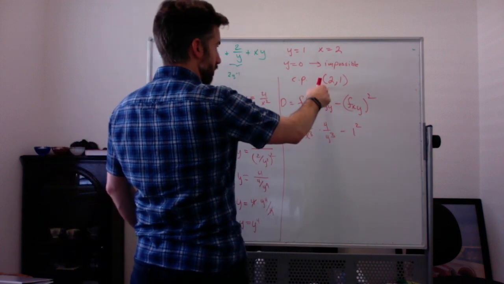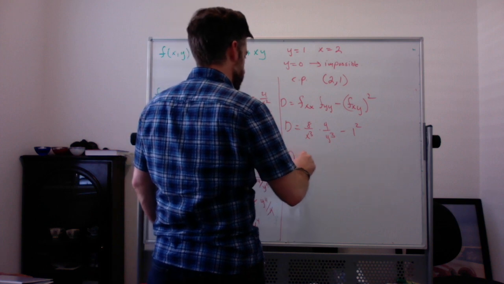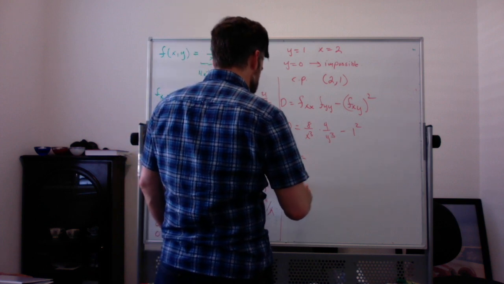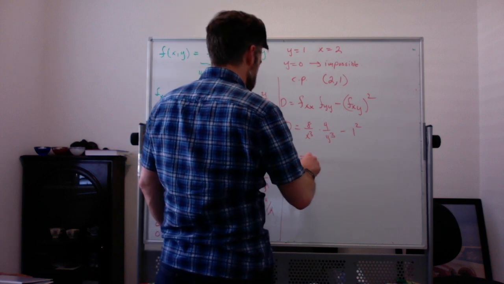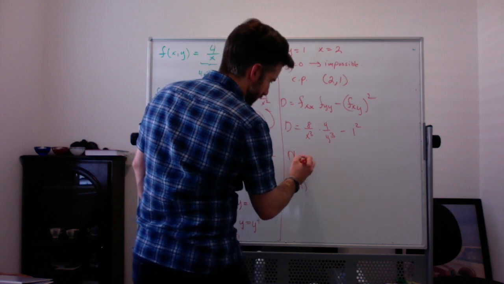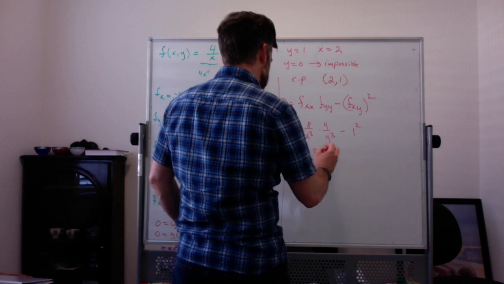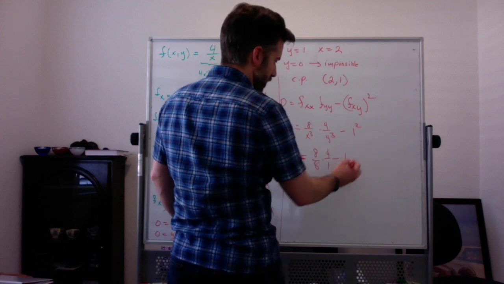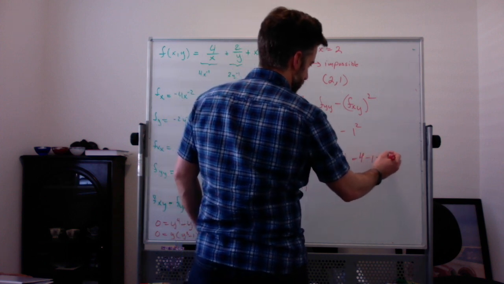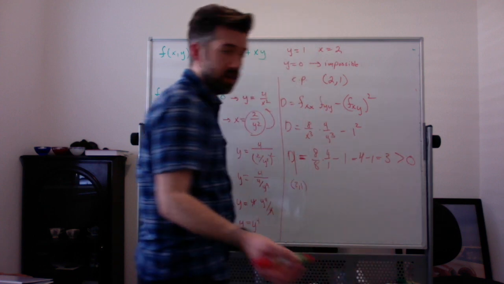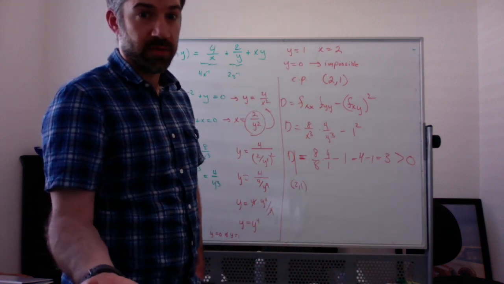So plugging in 2 for x and 1 for y, we get 8 over 8 times 4 over 1 minus 1, so that's 4 minus 1, which is 3, which is positive.